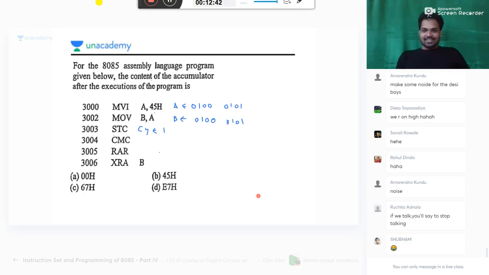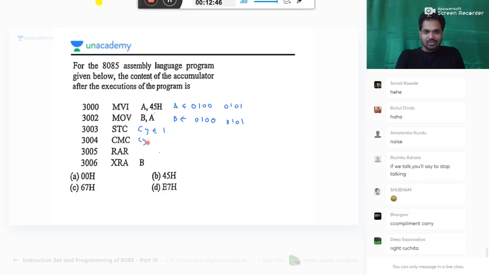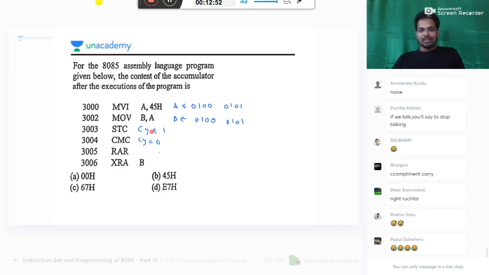Complement carry, that is, carry will be equal to 0. So rotate accumulator right. This is a simple instruction. The accumulator value is to be rotated right through carry. Through carry means here carry is 0.